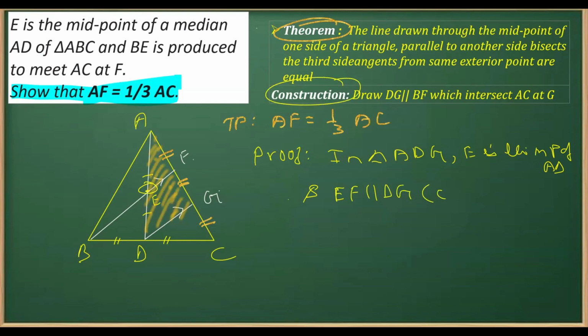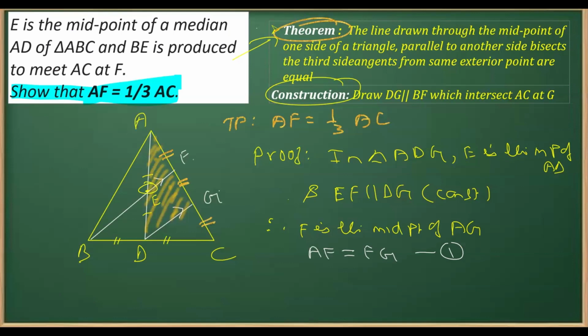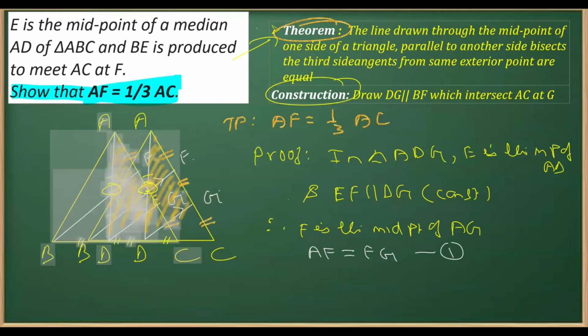Therefore, by applying the converse of the midpoint theorem, we can say that F is the midpoint of AG. So it implies that AF is equal to FG, and I mark it as equation 1. So we did the first part here.